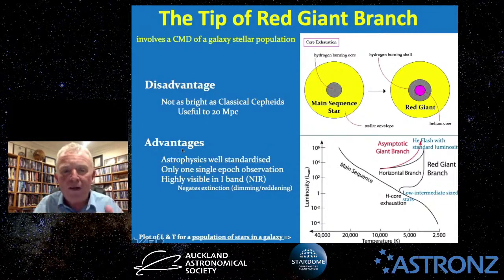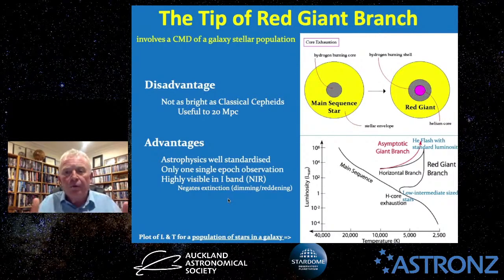You only need one single observation, just doing this color magnitude diagram, one snapshot of the galaxy you're looking at, and you go through all the stars and you plot them on this graph. You don't have to take a series of observations over time, so you're not opening yourself up to more observational errors. So that's a big plus. As I also mentioned, that tip of the red giant branch is highly visible in the near infrared wavelengths, they use what they call an I band.